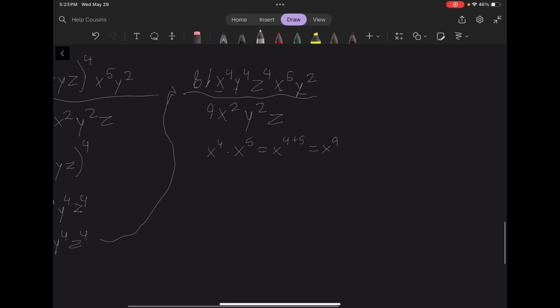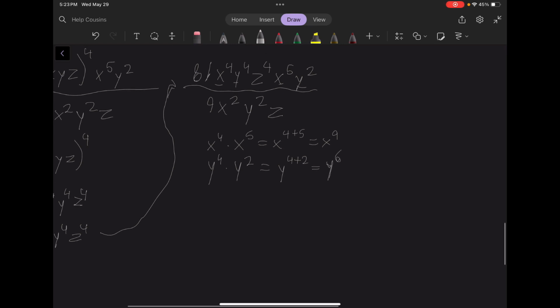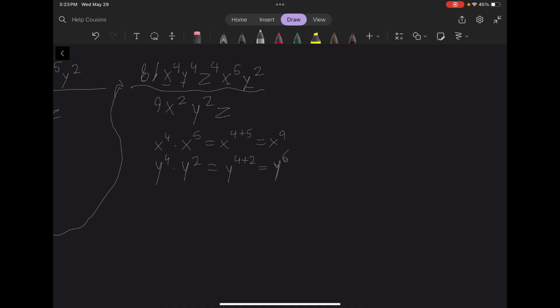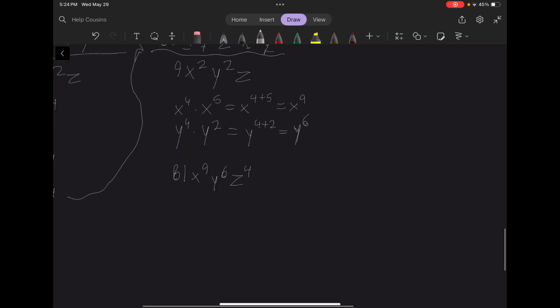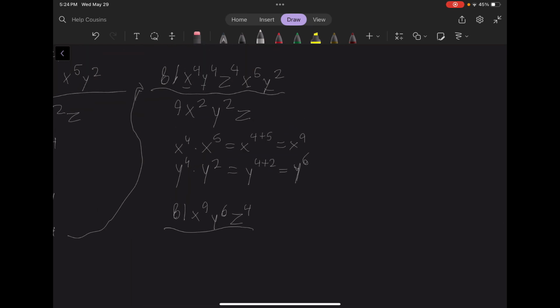And then we have the two y's: y to the 4th times y squared, which is y to the 4 plus 2, which will be y to the 6. And then we'll rewrite our initial equation, not our answer yet: 81 x to the 9, y to the 6 over 9 x squared, y squared, z.